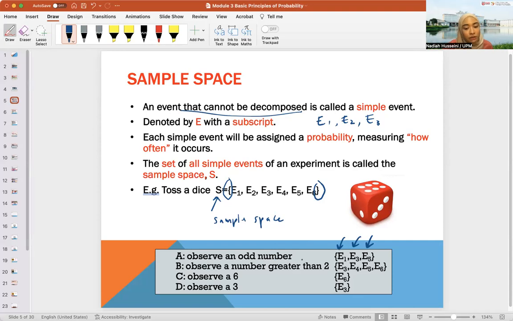You observe a number greater than 2; you saw this in event 3, event 4, event 5, event 6. But this entire data is S equal to E1 up to E6 in brackets. But you can categorize the events.